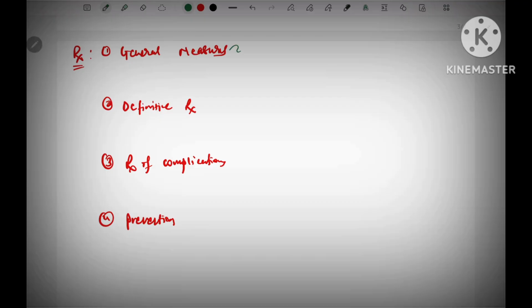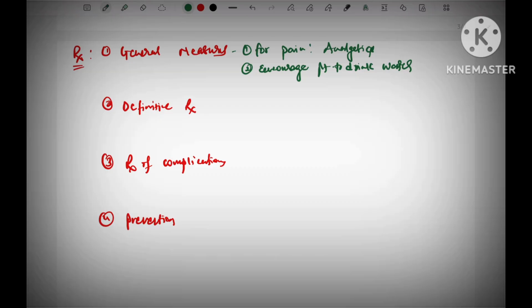So in the general measures, if the patient has come with pain, what we can give for the pain is analgesics. And we can encourage the patient to drink water.